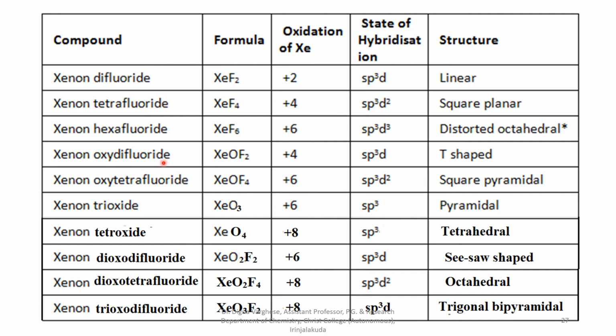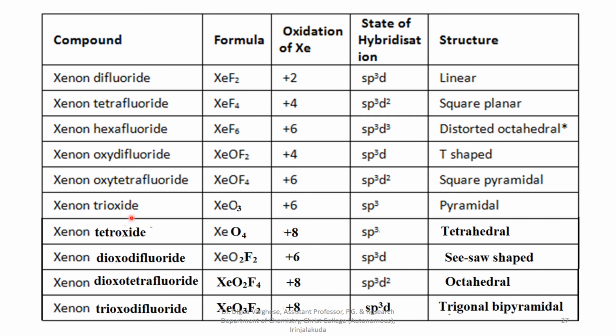Xenon oxydifluoride XeOF2, +4 is the oxidation state, sp3d is the hybridization, structure is T-shaped. Xenon oxotetrafluoride XeOF4, +6 is the oxidation state, sp3d2 is the hybridization and square pyramidal is the geometry.